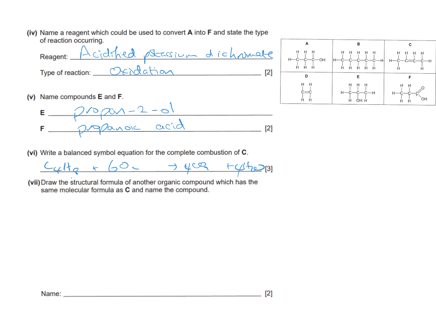And both of those will have the same formula. So if I draw 4 carbons, and I'm just going to put the double bond here, then ensure that all of the carbons have 4 bonds, and I do that by surrounding them with hydrogens. And that's it. So the name of this is but-2-ene.